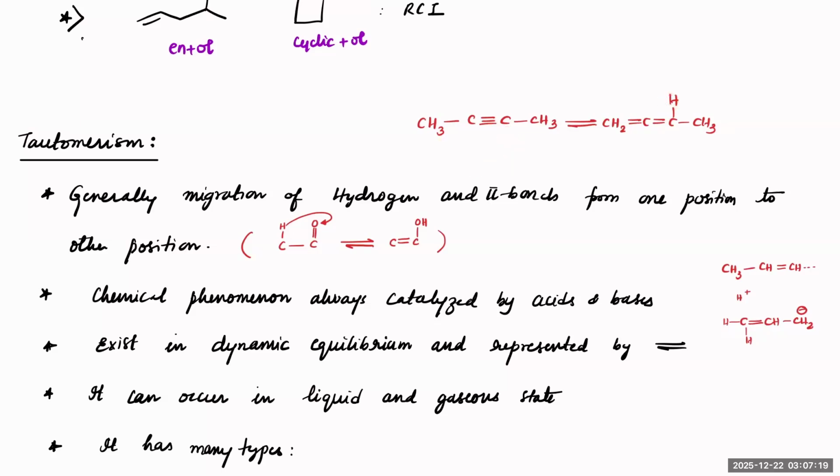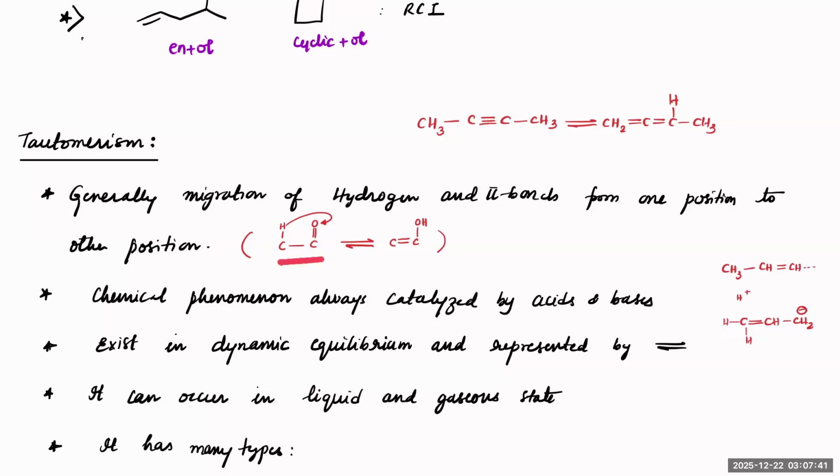This movement of hydrogen from one position to a new position is called migration. So if there is a migration of hydrogen and because of which a pi bond is moved to a new position, then we say tautomerism has occurred.